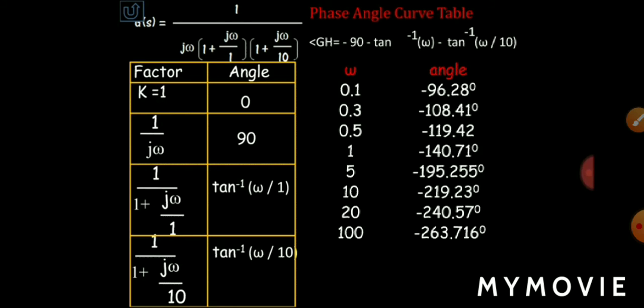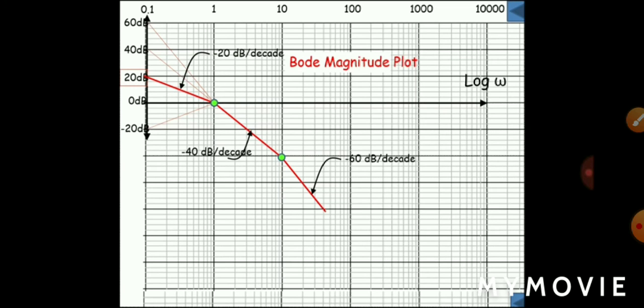Similarly, we will draw the phase angle plot, taking a minus 180 reference line. See here, I will take the minus 180 reference line, with minus 150, minus 120, minus 90 above it, and minus 210, minus 240 below, like that.